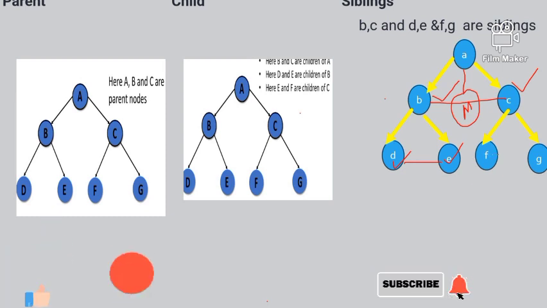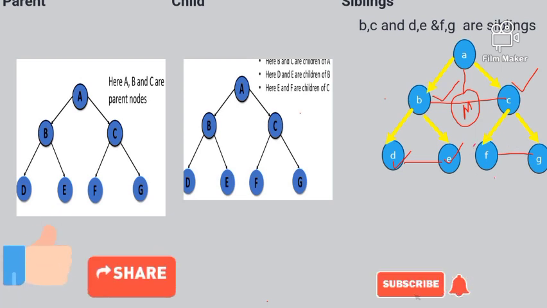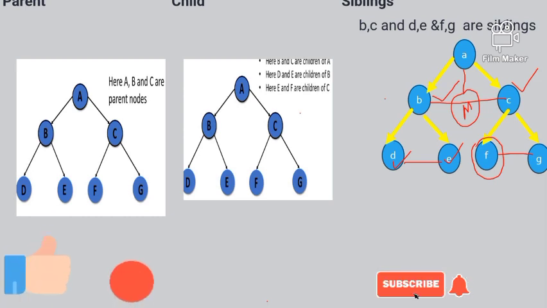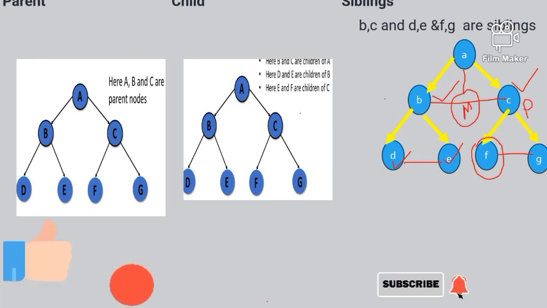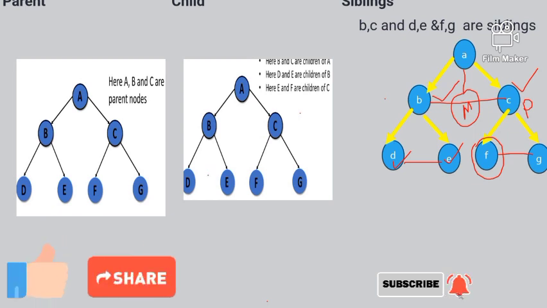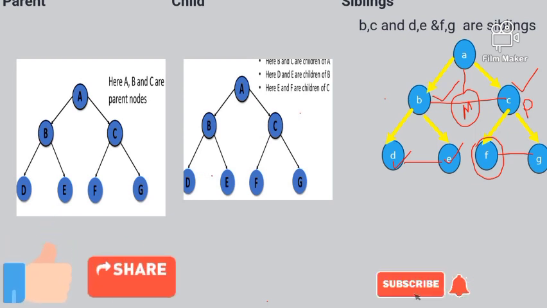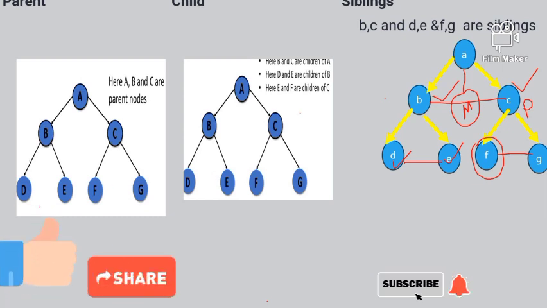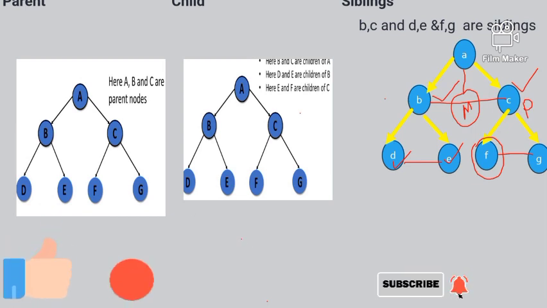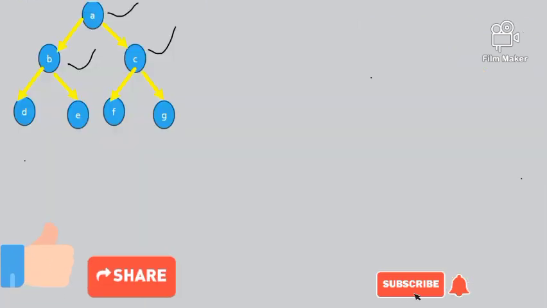When more than one child is coming from the same parent, those are nothing but siblings. Child means we can have 1 or 2 or 3 or 4, but if it is only 1, we will call it a child only. But siblings means you should have more than 1. Otherwise we will call it a child. So just analyze the difference.